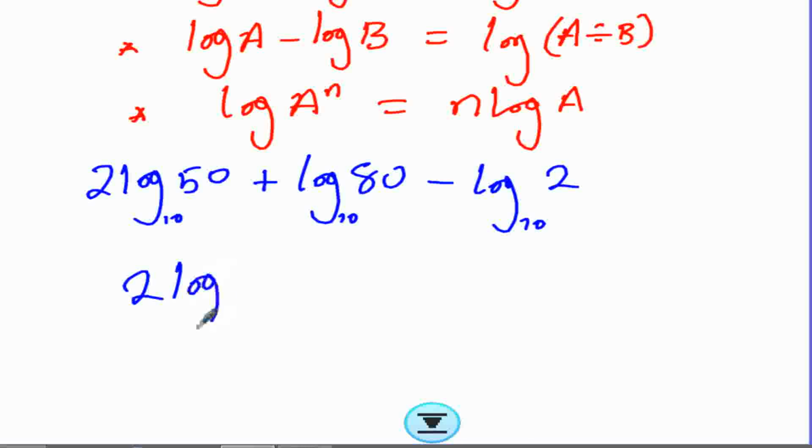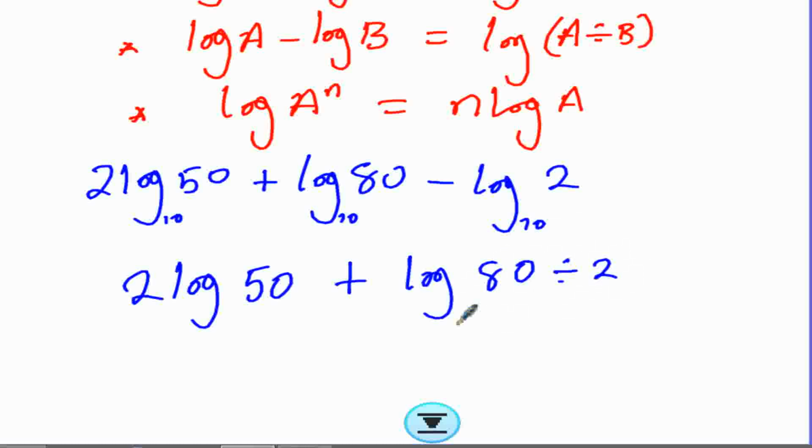So this one will remain the way it is, 2 log 50, and then log 80 minus log 2. For this, it means that we are going to divide 80 by 2. So it will be plus log of 80 divided by 2. Our bases are 10.